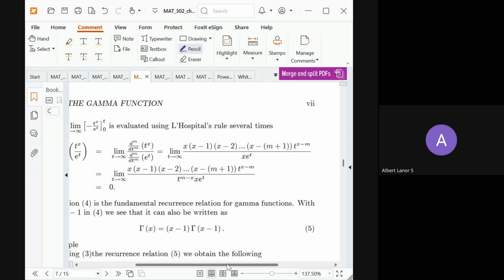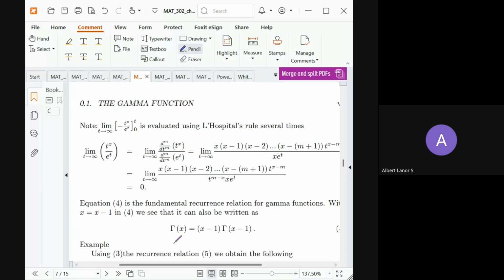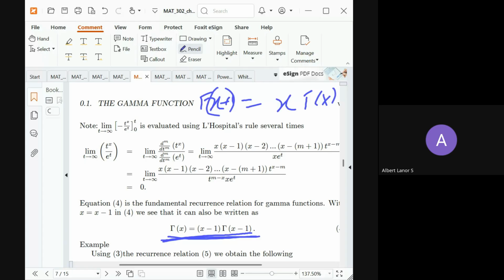You can say also that gamma of x is equal to x minus 1 times gamma of x minus 1. So just from the preceding one, gamma of x plus 1 is x gamma of x.